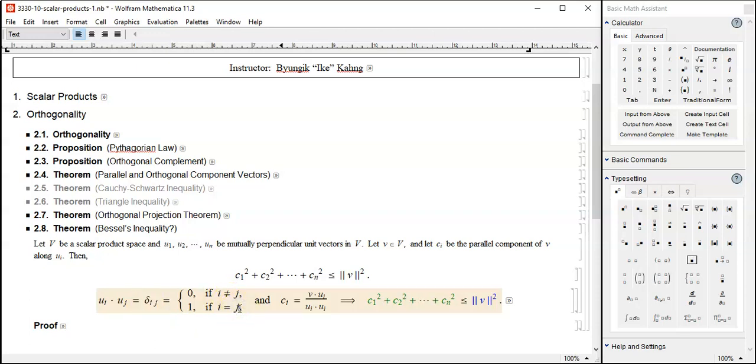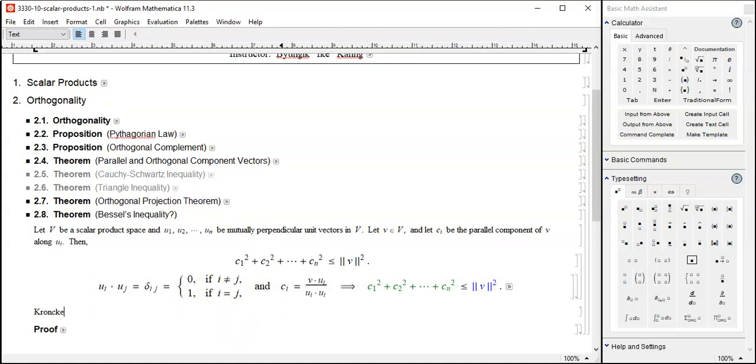It'll turn out quite useful in higher level algebra and linear algebra. I don't know how often I'm going to use it. It is called the Kronecker delta, named after the German mathematician Kronecker, who lived in the late 19th century.